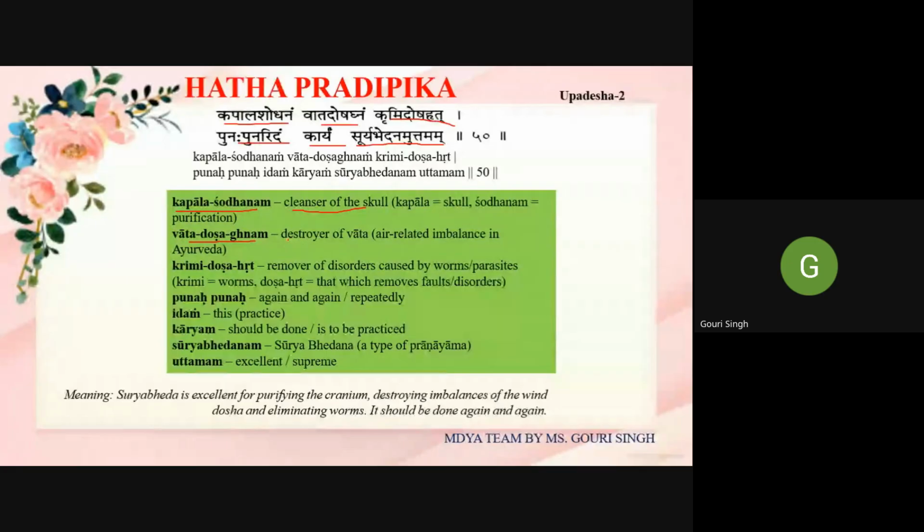Then again, he has said that the third is Krimi Dosha. Krimi dosha is the worm, or you can say it is one type of problem. Small babies have this problem many times, because they are infected from touching the floor or any soil.